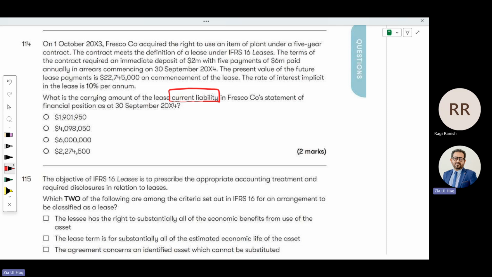Do we need to do anything with 2 million that has been given in advance? No, that will be ignored in calculation of lease liability. That will be added in calculation of asset. But in case of lease liability, that advance payment will be ignored. We need to make payment at end of year.